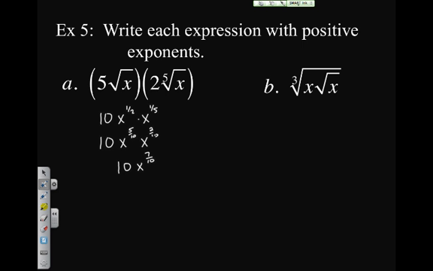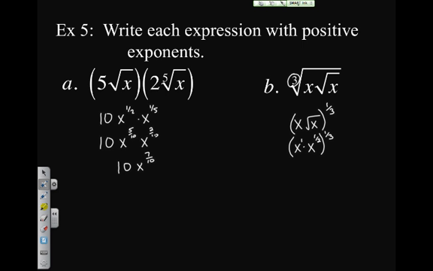For part B, we've got x times the square root of x, and if we think about it, this is the cube root, that's the 1/3 power. Then if we simplify inside the parentheses, this square root of x is x to the 1/2 power.